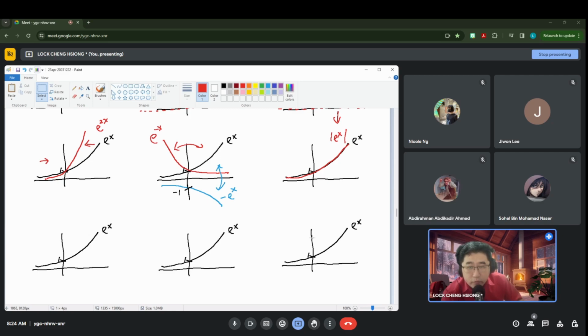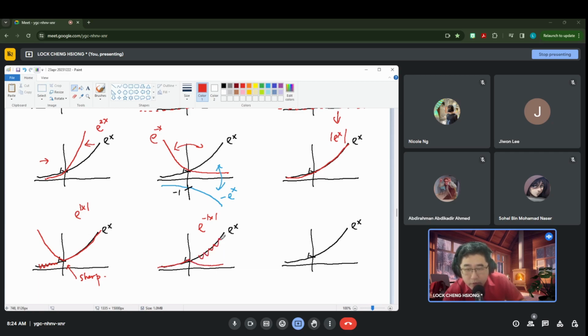If I have e to the power of modulus x, I erase this part, then copy and reflect. This part is sharp. If I have e to the power of negative modulus x, it will become like this.